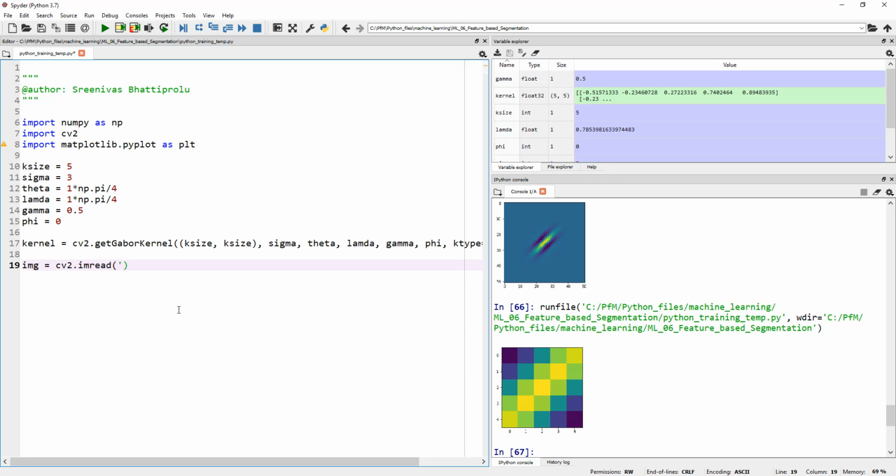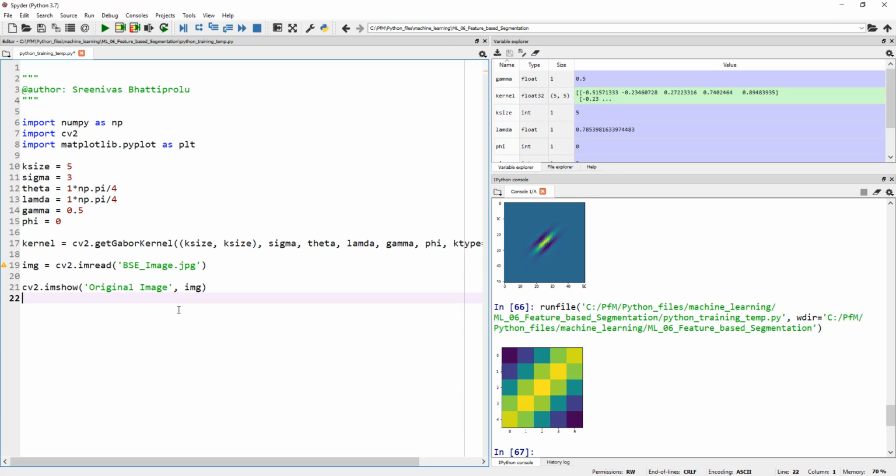So cv2.imread, bse_image.jpg. Okay. And in case you wonder how it looks, let's look at cv2.imshow, and I'm going to call this original image, and this is img.